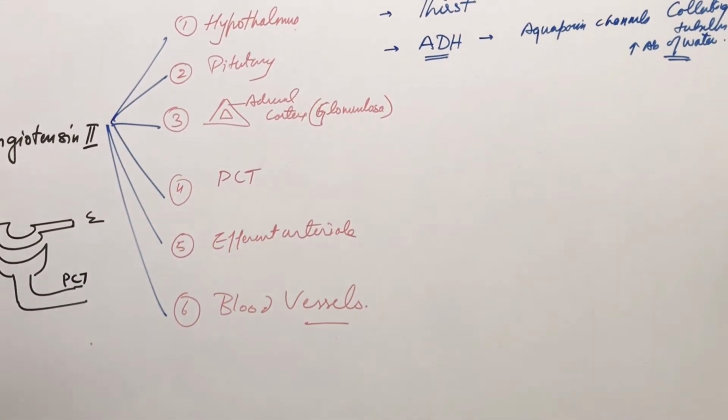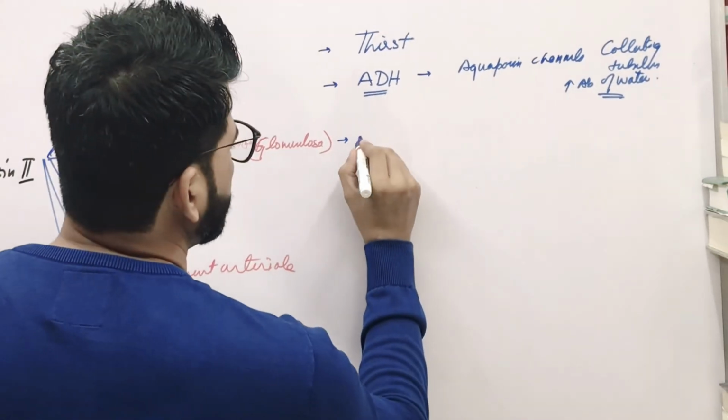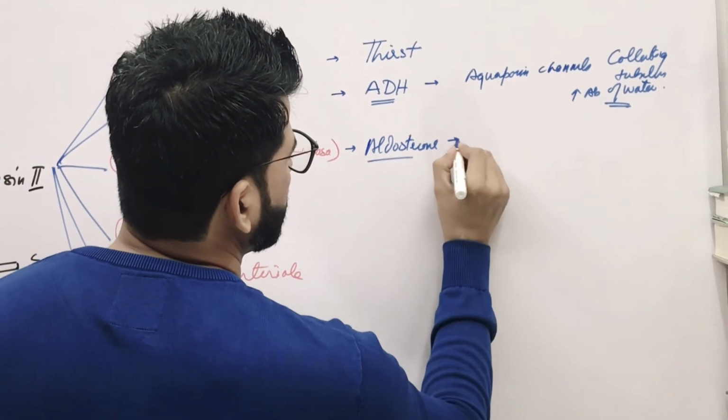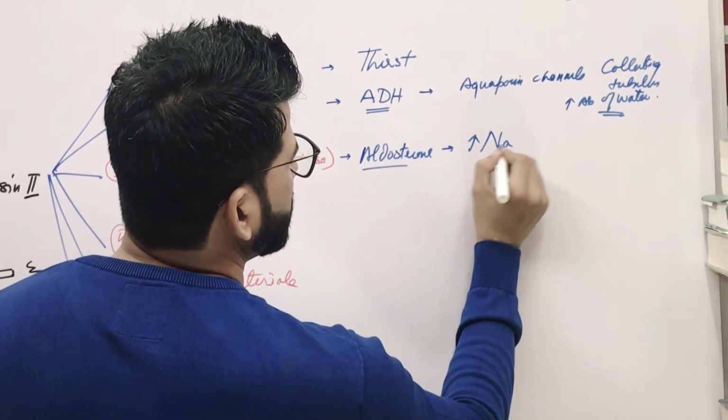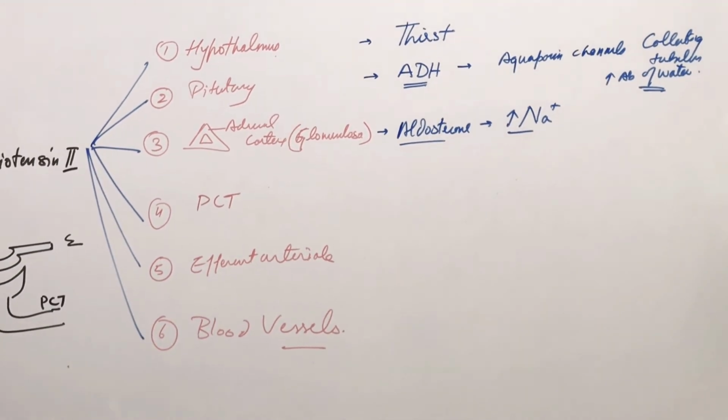Third, adrenal cortex. In the glomerulosa, when angiotensin 2 works, it will produce aldosterone. And what is the aldosterone doing? It is increasing sodium absorption in the collecting tubules.